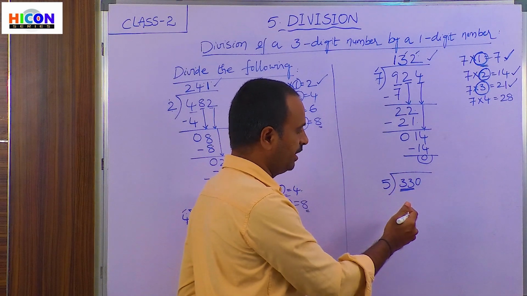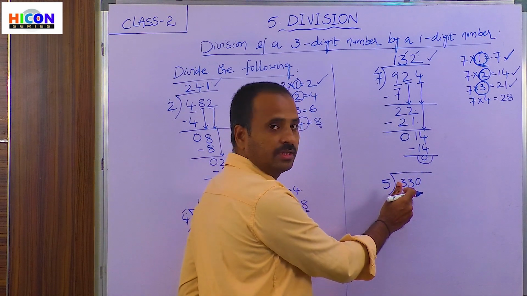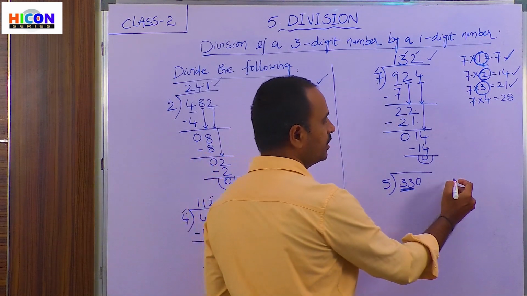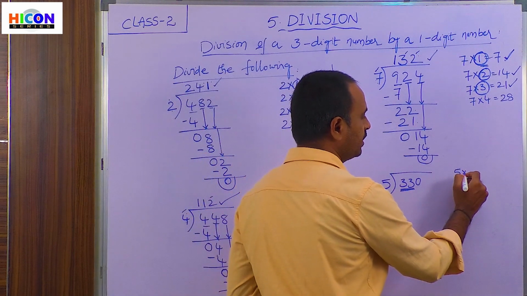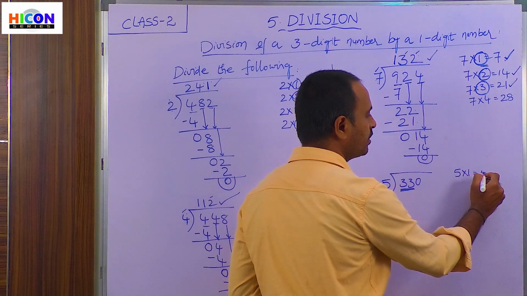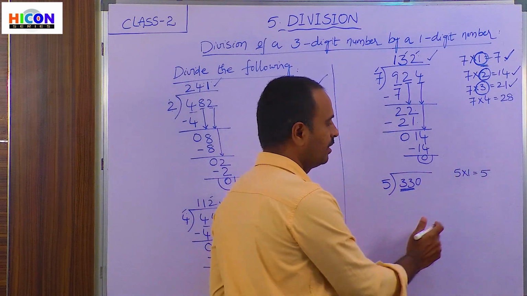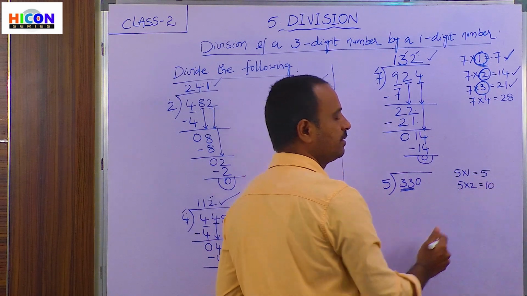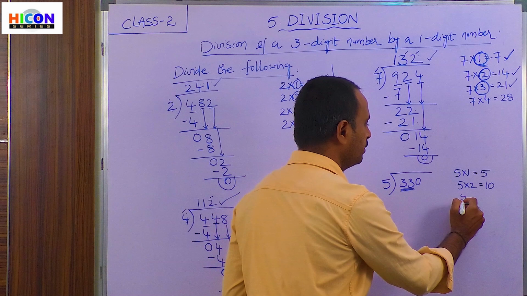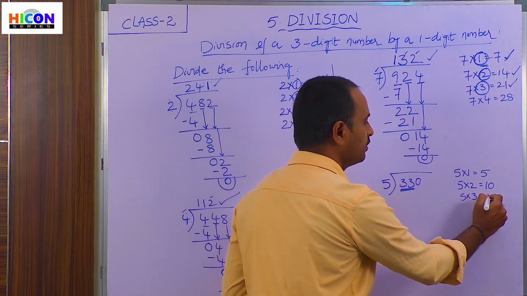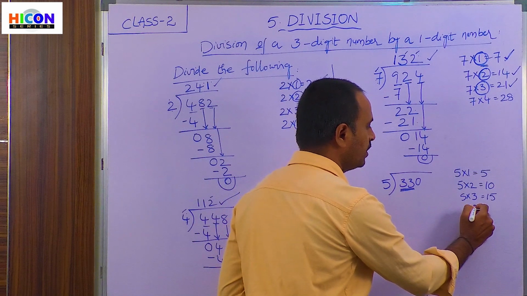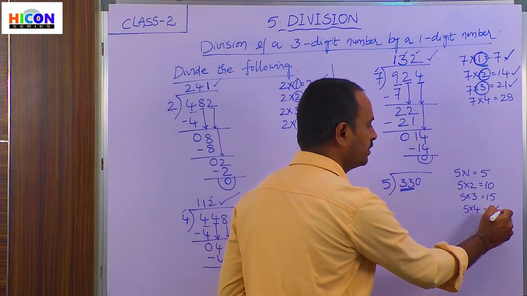Now let us find when the number 33 comes in the 5th table. So let us recall the 5th table. If you take 1 time, that is 5 ones are 5, 5 twos are 10, 5 threes are 15, and 5 fours are 20.